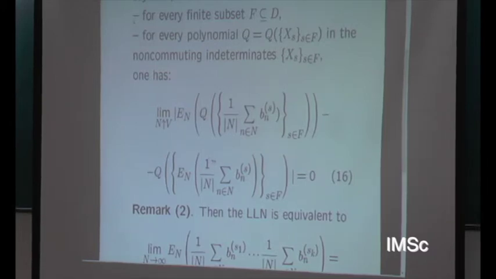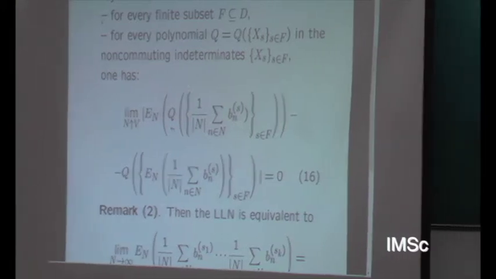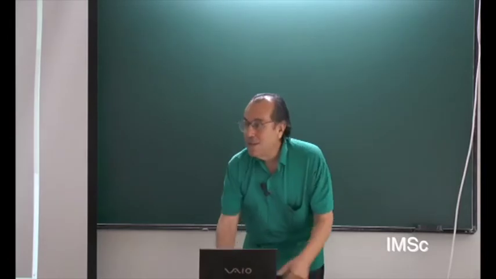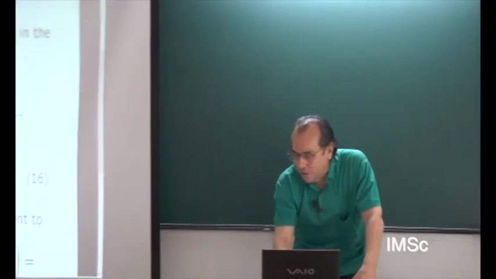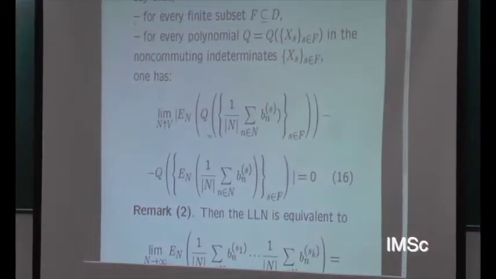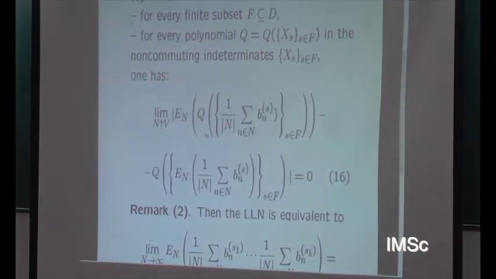I want to emphasize that here you have polynomials. And you know that with polynomials, you can approximate any continuous function, at least in compact intervals or compact subsets. And then with continuous functions, you can approximate measurable functions. And when you use approximation, you see that this is a very famous notion of convergence in law, the notion of convergence in law of probability theory.